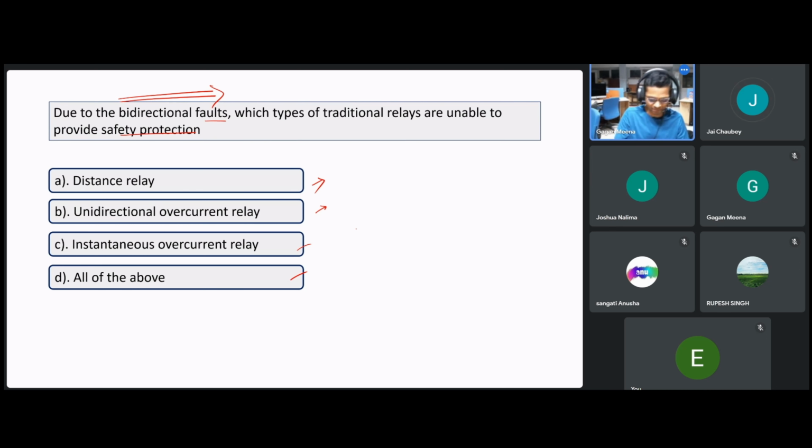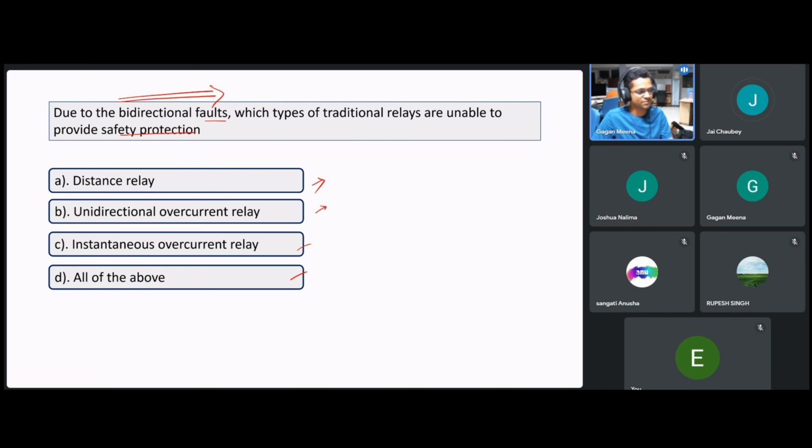Do you know where we use this distance relay? Are we using it in microgrids? No, mostly these are used in transmission lines, long transmission lines. We are using distance relays in transmission lines for line protection, fault localization and fault detection.